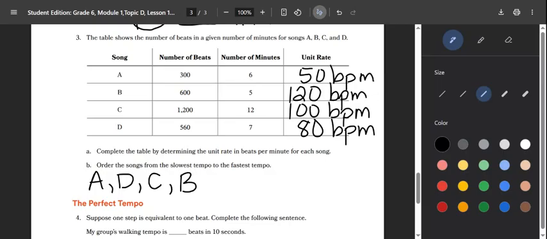And then for Tyler, we're going to do 180 divided by 9, which we could do in our head. That comes out to $20 per poodle.